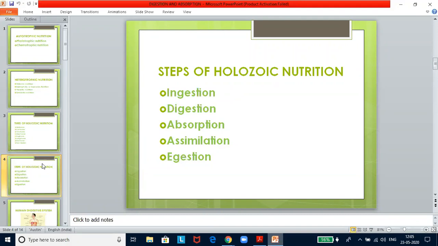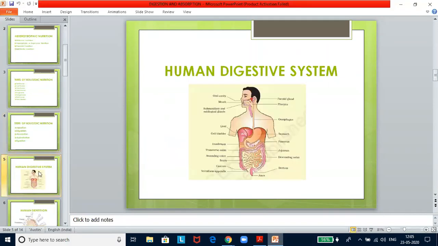Now, with this background, let me go to the human digestive system. The digestive system of man consists of the alimentary canal or gut and some accessory digestive organs. The alimentary canal is a coiled muscular tube extending from the mouth to the anus. It is about 6 to 9 meters long and consists of many specialized sections arranged sequentially.